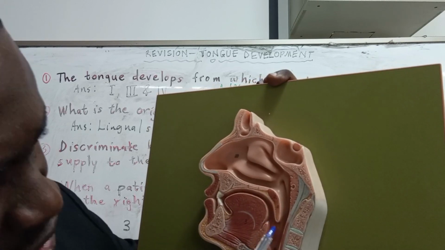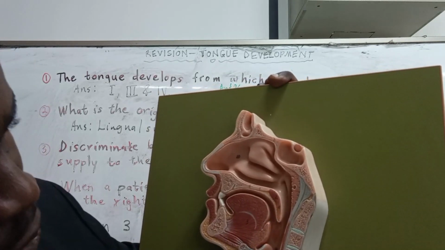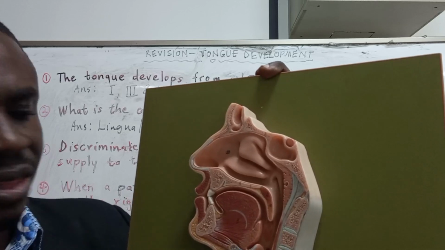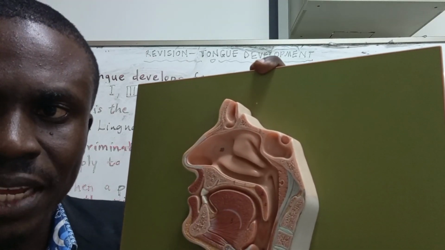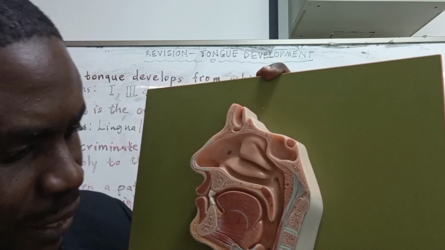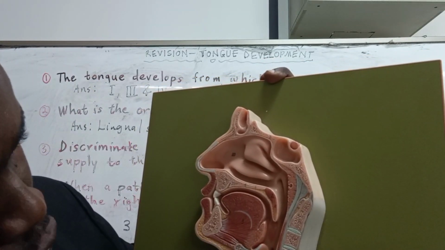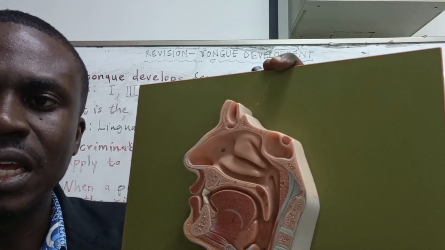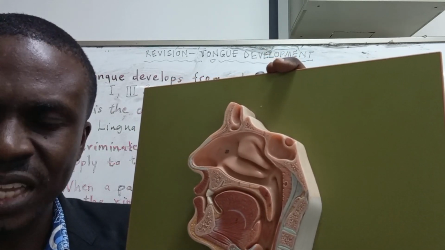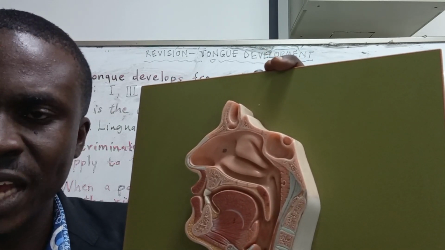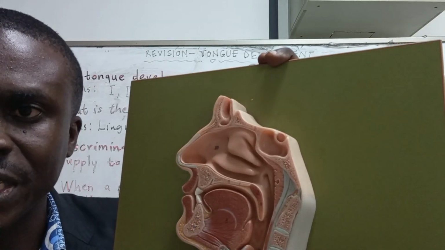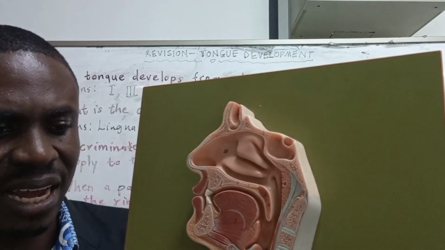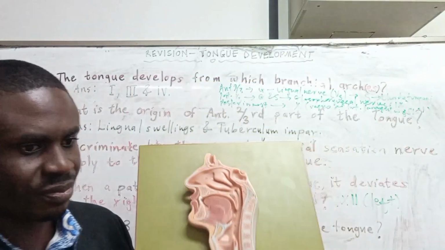When I remove this fold, the muscle is over there, supplied by the pharyngeal plexus. So styloglossus, palatoglossus, hyoglossus, and of course genioglossus. It's the genioglossus that we are testing for, deviating towards the other side. Good.